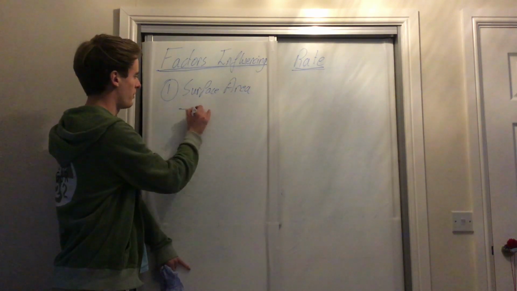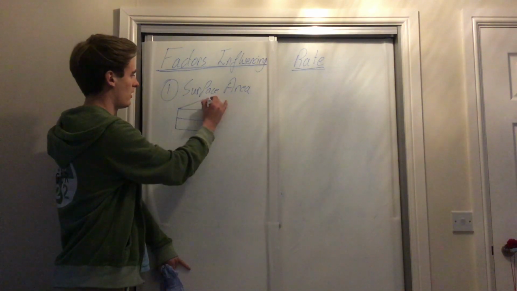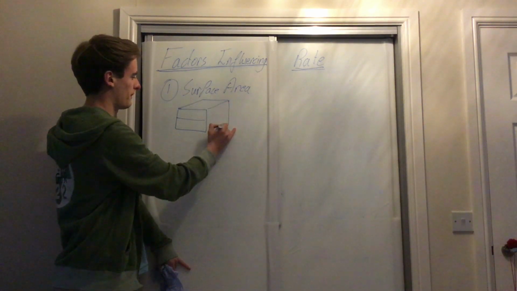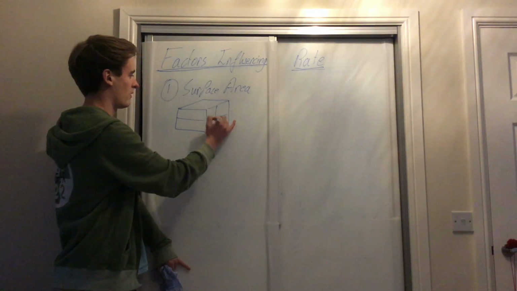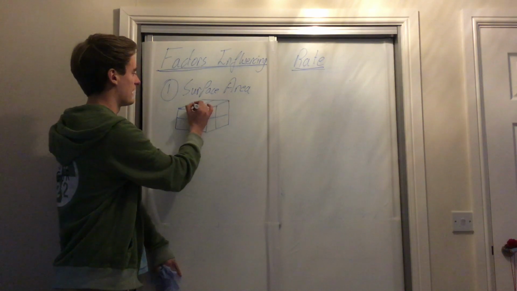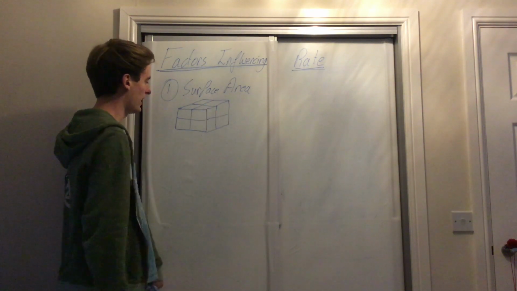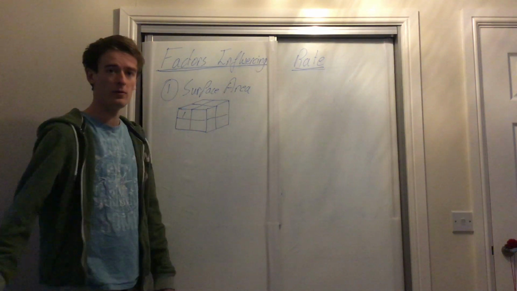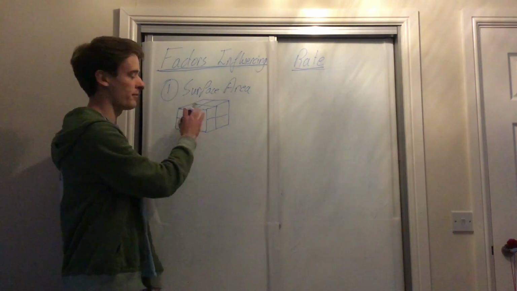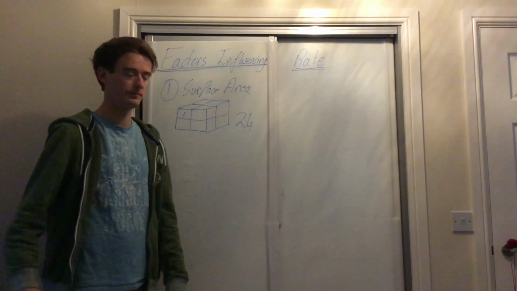So I want you to imagine a cube with four faces on each large face. If we call each of these faces 1, then if we count the number of faces across the whole cube, that's 24.